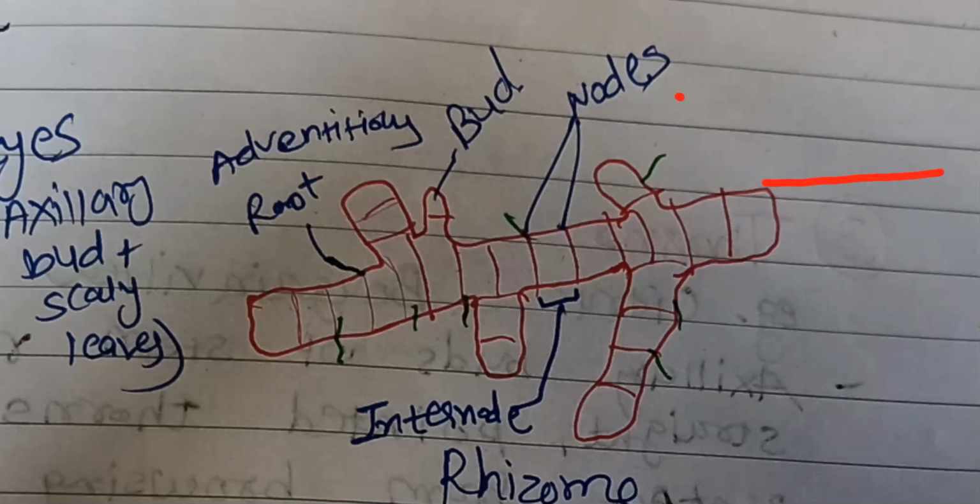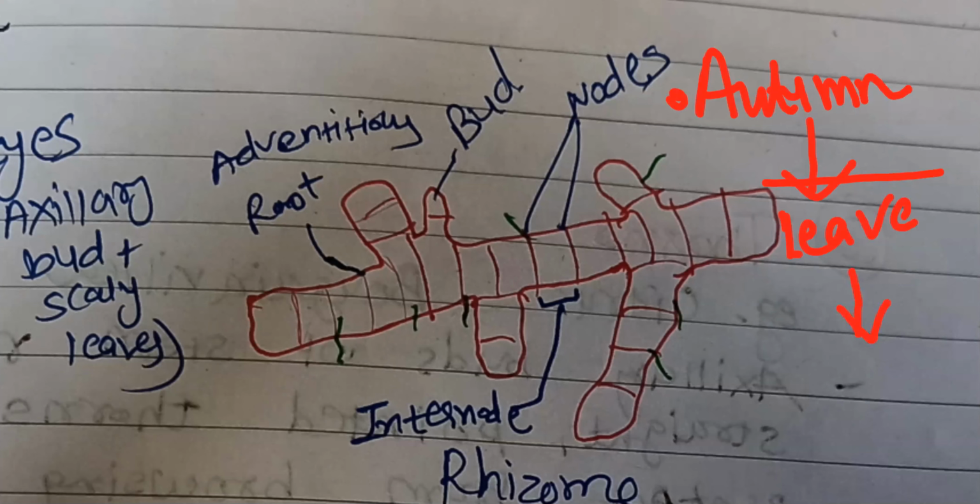Remember, when autumn season or leaf fall season is there, at that time leaf shedding occurs. So without leaves, how can photosynthesis food be formed?